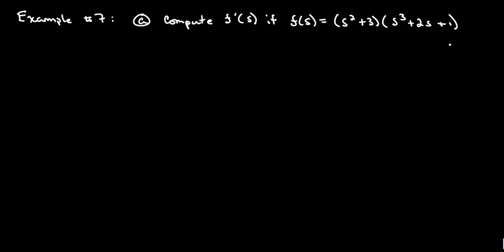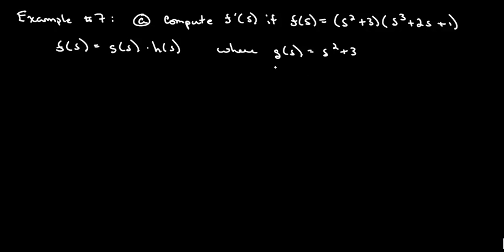If you took f of s to be equal to g of s times h of s, where g of s was equal to s squared plus 3 and h of s was equal to s to the third plus 2s plus 1, you cannot assume that f prime of s is equal to g prime of s times h prime of s.